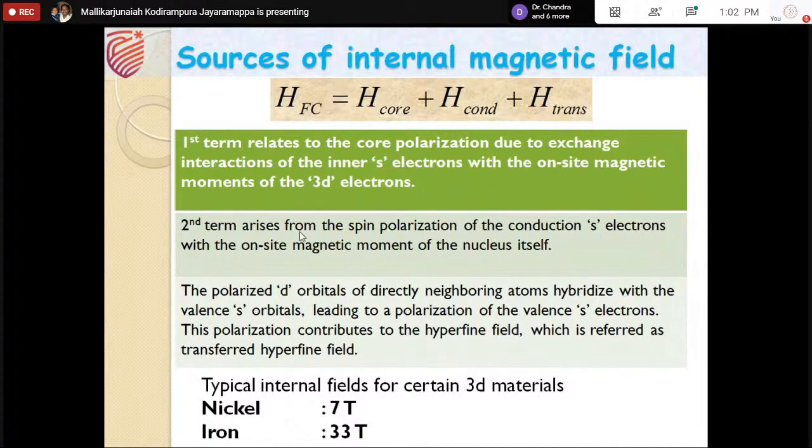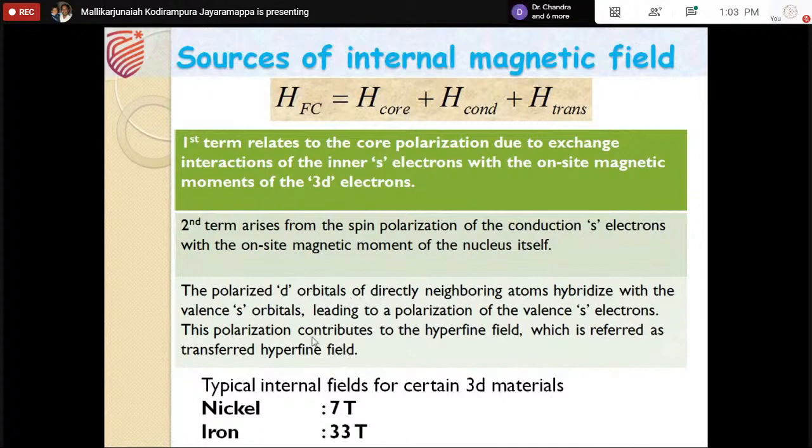The second term arises due to spin polarization of the conduction electrons with the on-site magnetic moment of the nucleus itself. This is basically due to conduction electrons. And the polarized d orbitals of directly neighboring atoms hybridize with the valence s electrons, leading to polarization of the valence s electrons. This polarization contributes to the hyperfine field, which is referred to as the transferred hyperfine field.